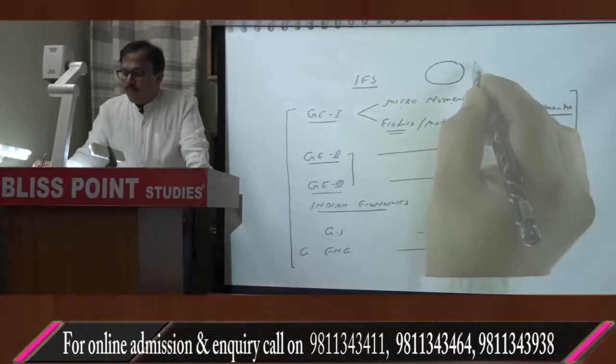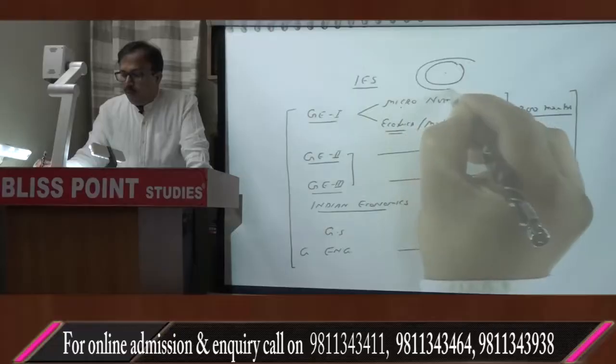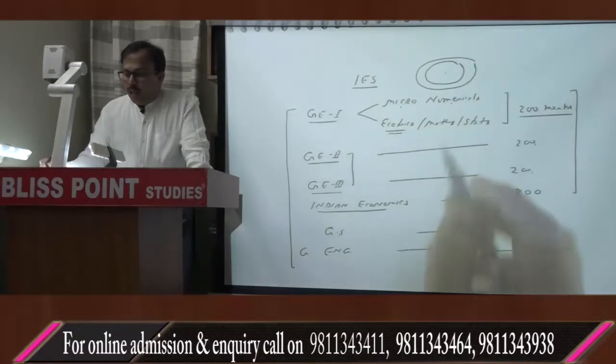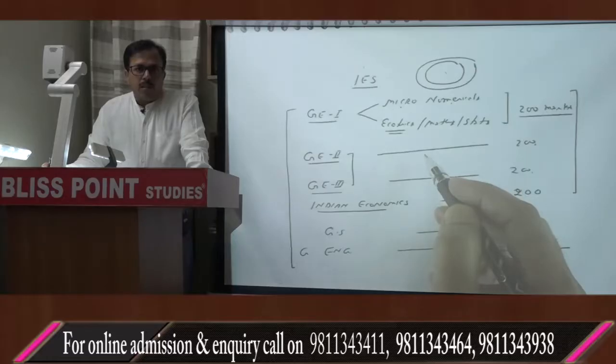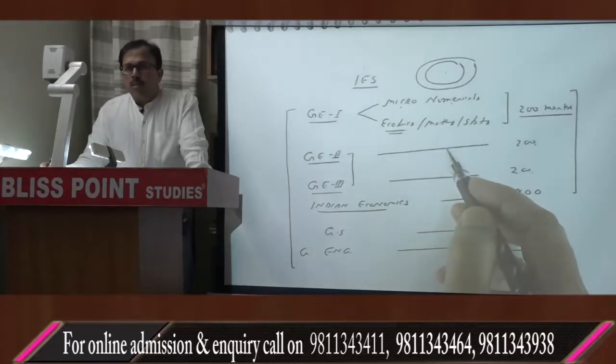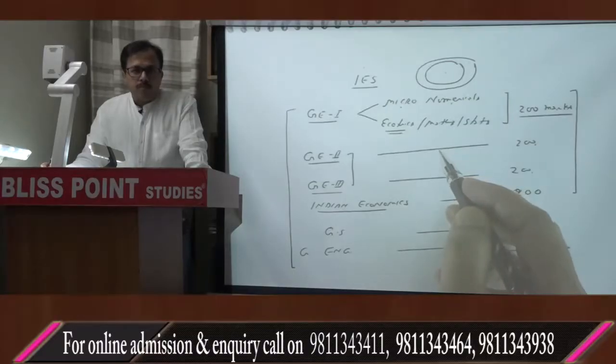So the purpose of the class will be to cover all, but how we will judge or decide how much extra we have to do, for that purpose we will be referring to the previous year questions. The previous year questions basically give enough idea of what percentage of questions can be extra and what percentage of questions come from what is written.